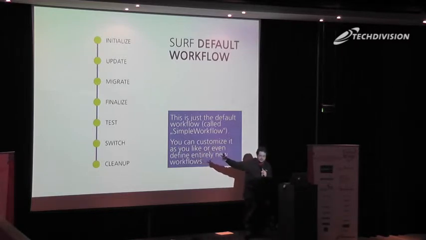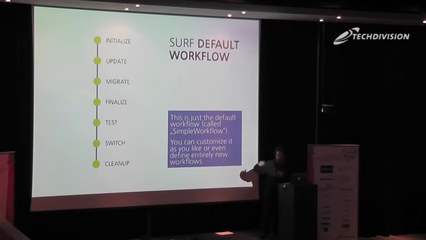Alright, the switch stage I think should be clear. You just switch the symlink to the current release, and yes, you can customize it if you like, but that shouldn't be necessary. Yes, and the cleanup stage is for cleanup tasks, obviously. So you could remove any temporary files that were created during, I don't know, SCSS compilation.